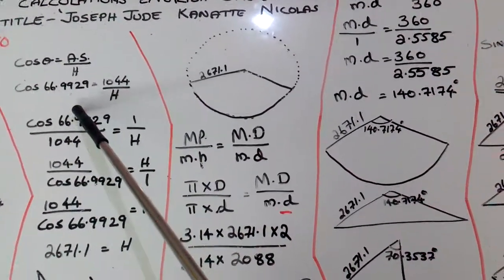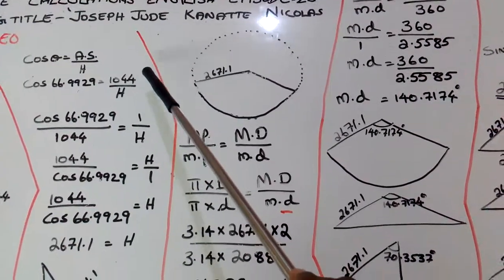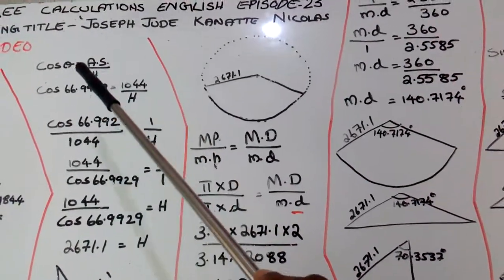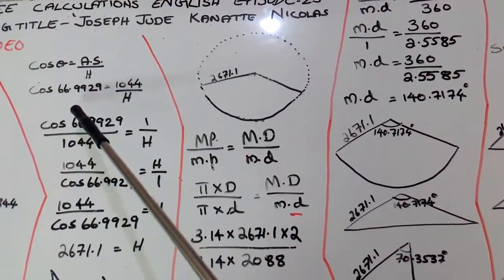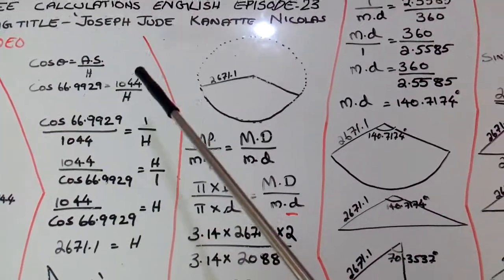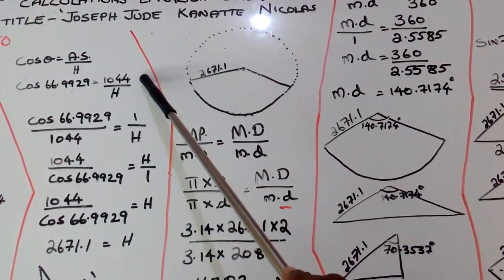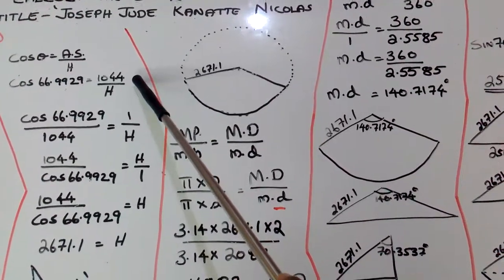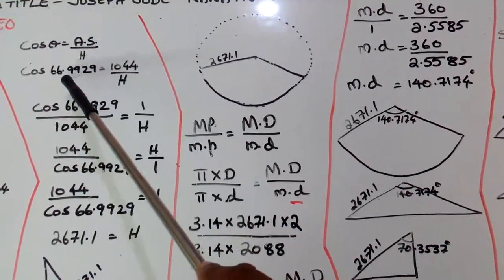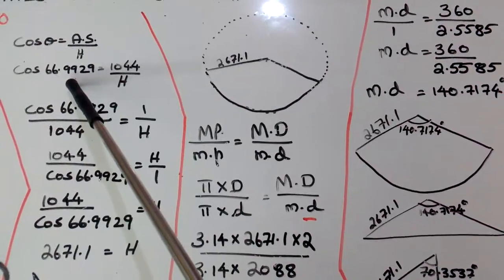I have told you all of those. If it is on the top side, it will reach the bottom side; if it is on the bottom side, it will reach the top side. So everything will be in the opposite way. Now this 1044 is on the top side, so when we take it to the left side of the equals sign, it will reach the bottom side of this cos 66.9929.